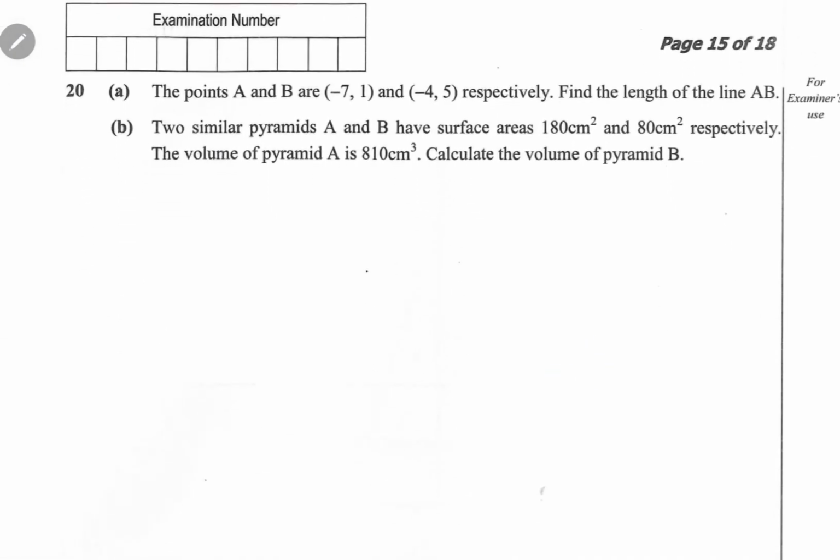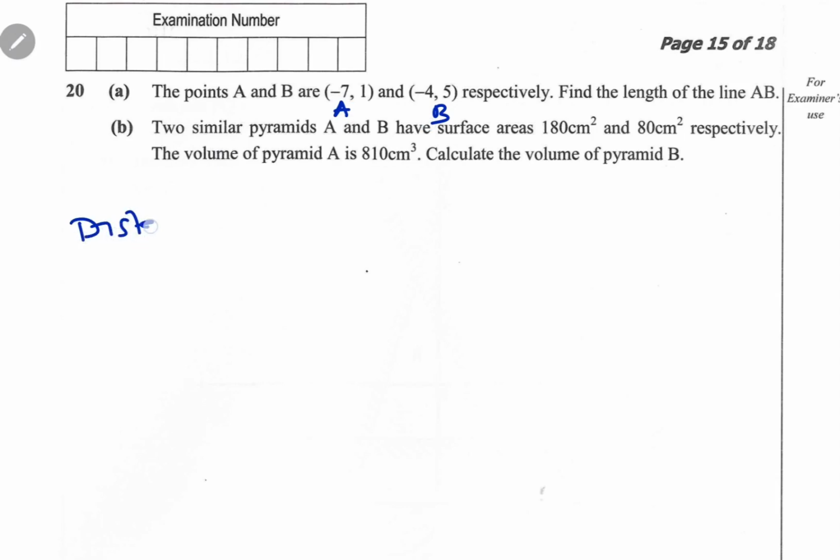Question 20. The points A and B are this. So it means this is A, this is B, respectively. Find the length of AB. So length of AB is the same as distance.